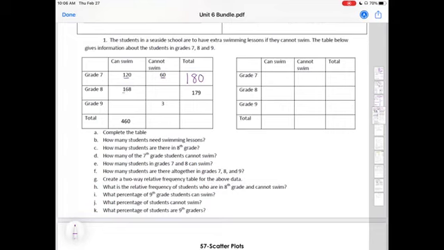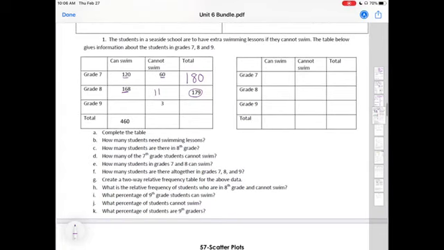I have 168 and 179. So I have a total of 179 kids, but 168 of them can swim. How many can't swim? I take 179 minus 168 and get 11, because 168 plus 11 gives me 179.